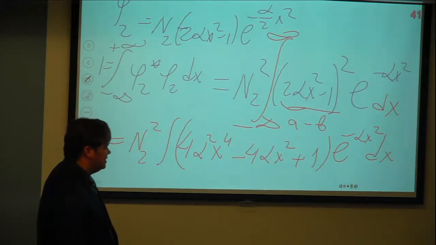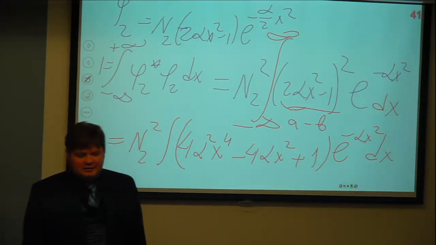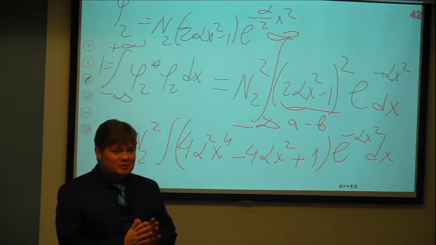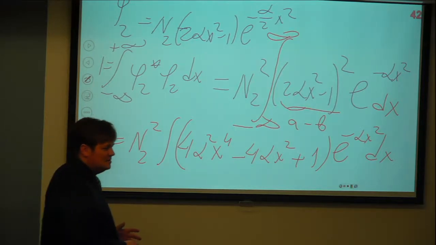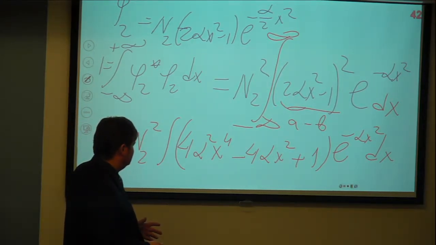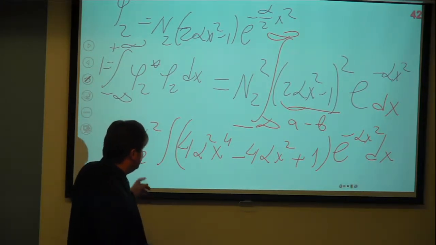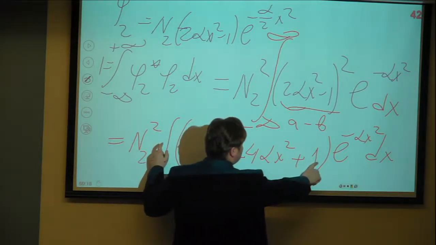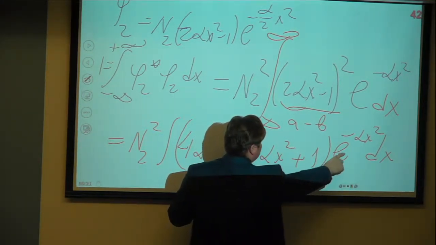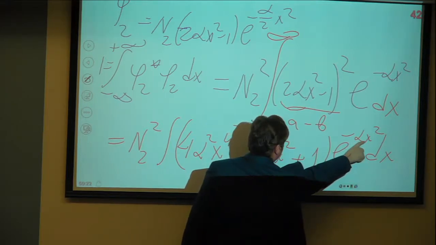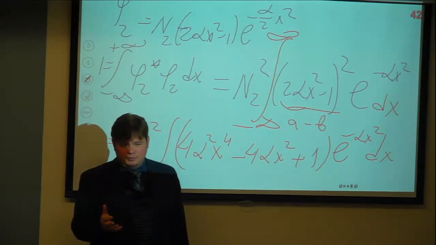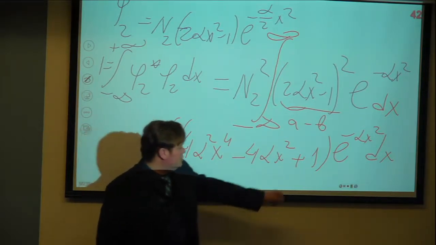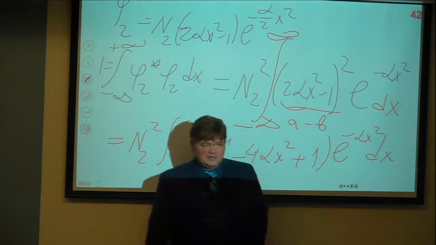But some people hate the internet. Some people hate tables of integrals. Therefore, one can take it by pen and paper. And by the way, if we look at the last term, it will be just the integral of e to the minus alpha x squared dx, right? It's a Gaussian integral that should be like square root of pi, if we take care of this alpha factor.